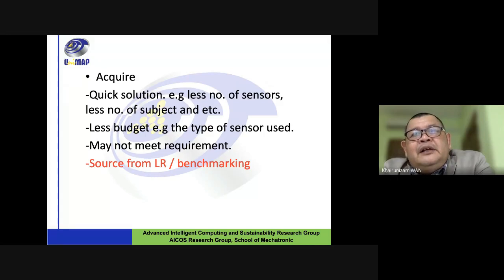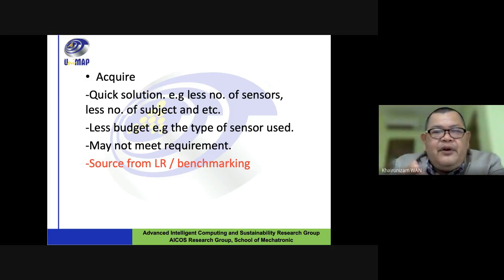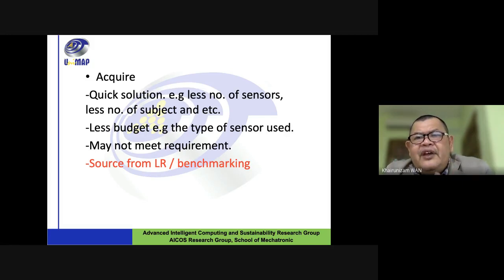For example, if the researcher has funding from the industry or has a research grant, probably they can use more sensors or more subjects. But for the researcher that does not have funding or a research grant, probably they use less number of sensors, less number of subjects.